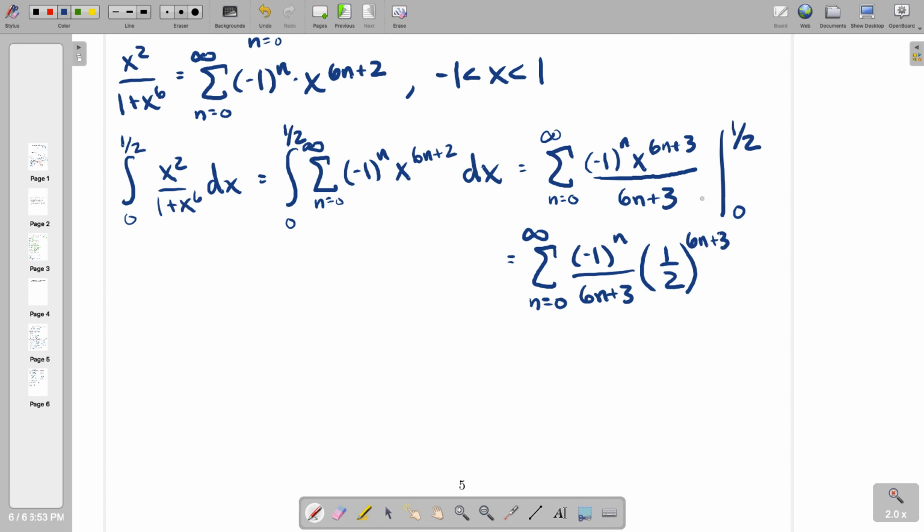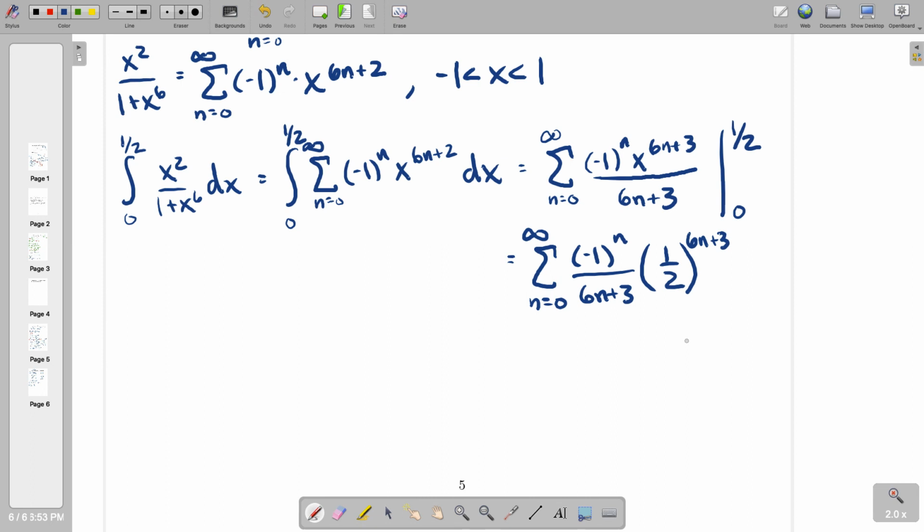And then, of course, plugging 0 in all of these places is of course going to give you 0, so we don't need to bother to write it. But if this was something other than 0, then of course we would subtract, right, our values using the fundamental theorem of calculus there. So this is where we're at here.